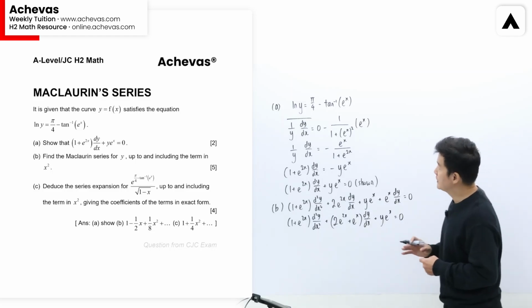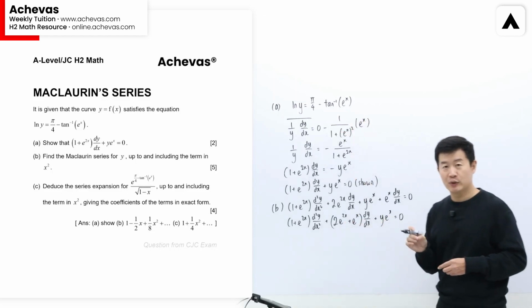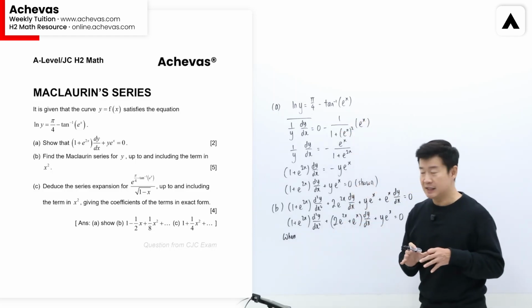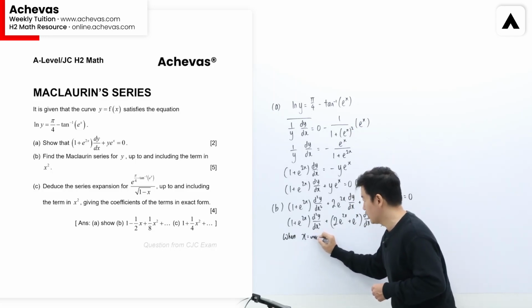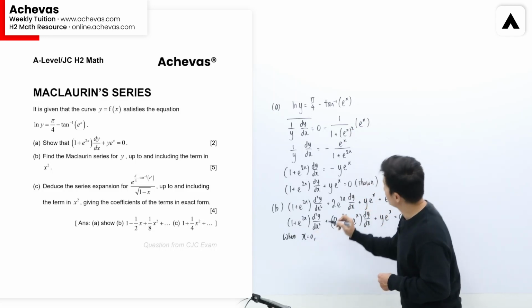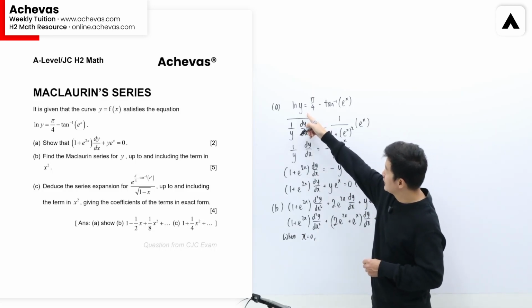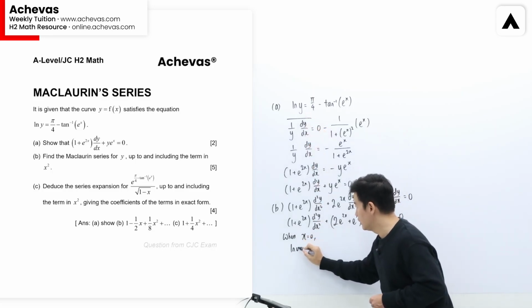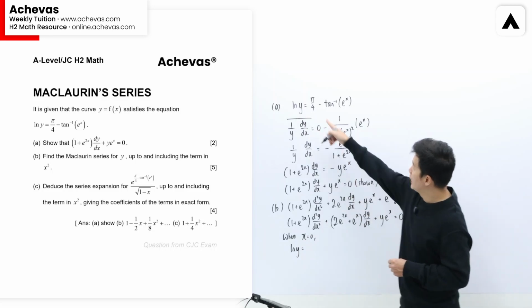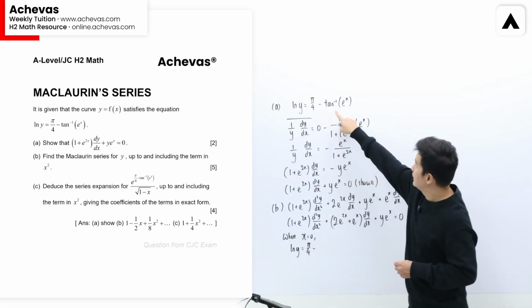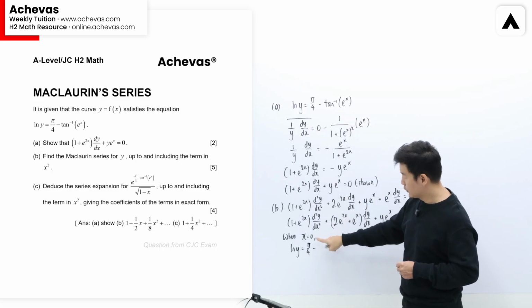We're going to get the Maclaurin series for y up to and including the x square term. So we will want to fill in the coefficients by first letting x be equal to 0. And we will find out what is y. So to find out what is y, I'm going to make use of this equation. It is going to be ln y is equal to pi over 4 minus tangent inverse x is equal to 0.